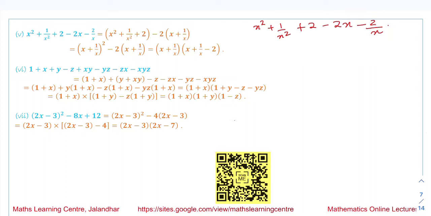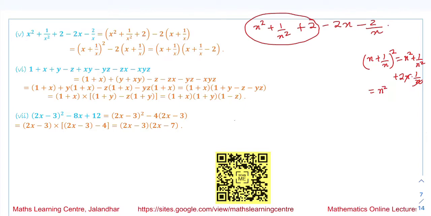If you look at this term, in our first chapter we have seen the formula that x plus 1 by x whole square is x square plus 1 by x square plus 2 times x into 1 by x. So it is basically x square plus 1 by x square plus 2. This is the answer we are having over here.